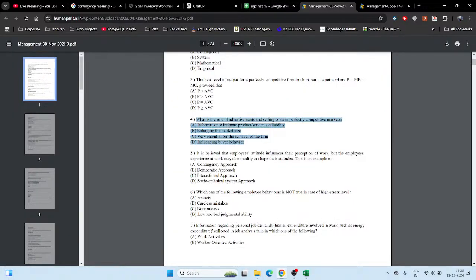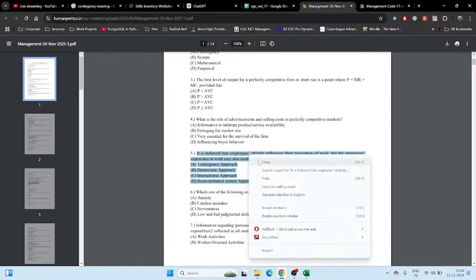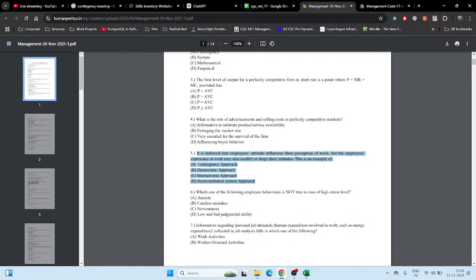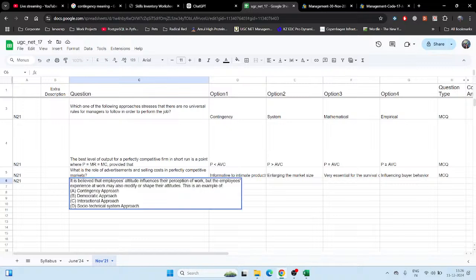It is believed that employees' attitude influences the perception of work, but the employees' experience at work may also modify or shape the attitude. This, I believe, is directly the socio-interactional approach. It seems like it.